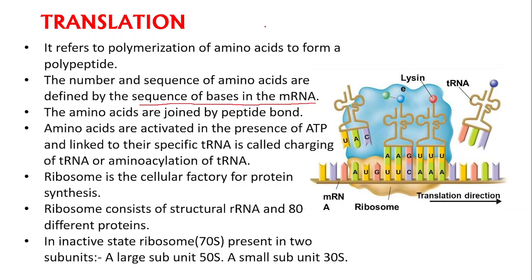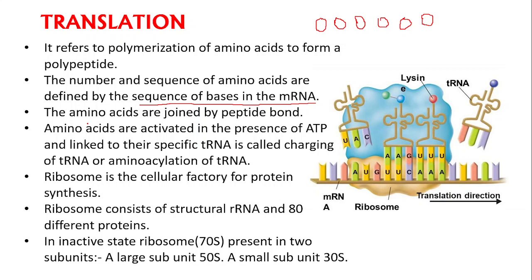For the purpose of formation of a polypeptide chain, the amino acid sequence should be noted, and the code for this amino acid sequence will be present in the mRNA, in the form of coded information.